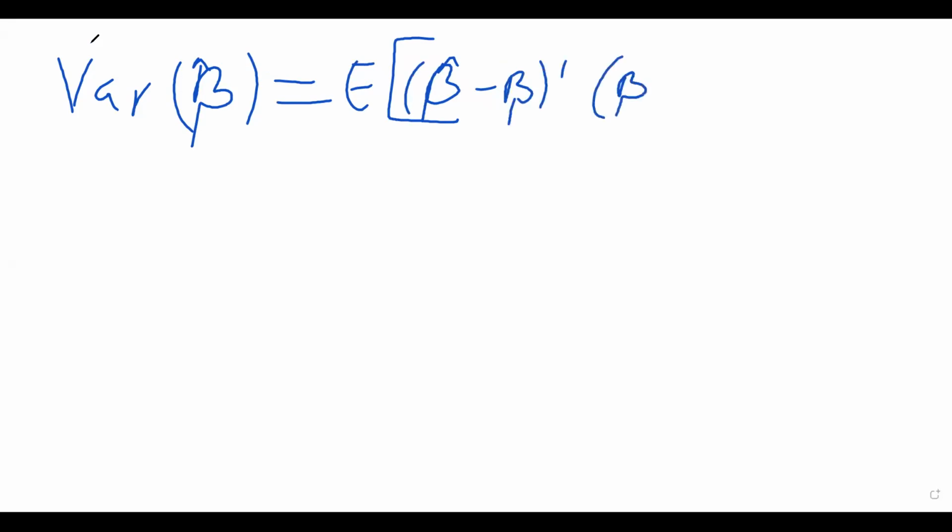And this is equal to sigma x prime x to the power negative 1. Now this last part, sigma x prime x to the power negative 1, is what is known as the variance covariance matrix.